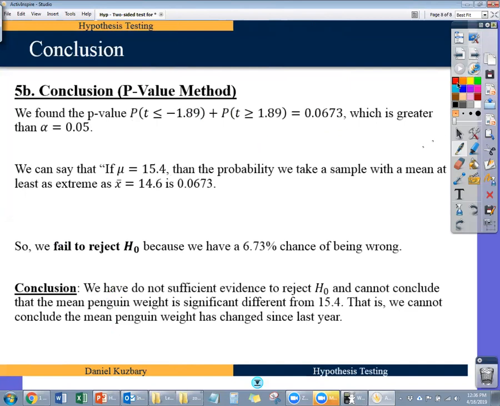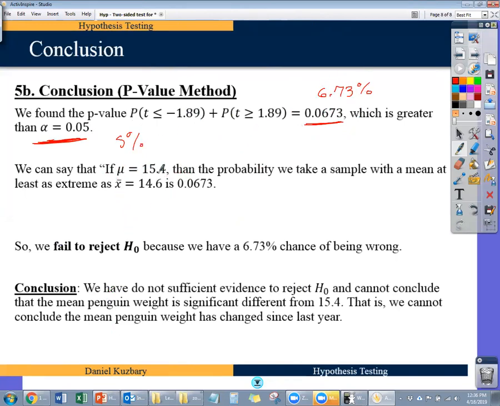Okay, so we wanted something to be kind of in the 5%, that extreme 5%. This is not in the extreme 5%. This has a 0.0673 chance of happening. So think of this as 6.73%. Think of this as 5%. So this has a 6.73% chance of happening.